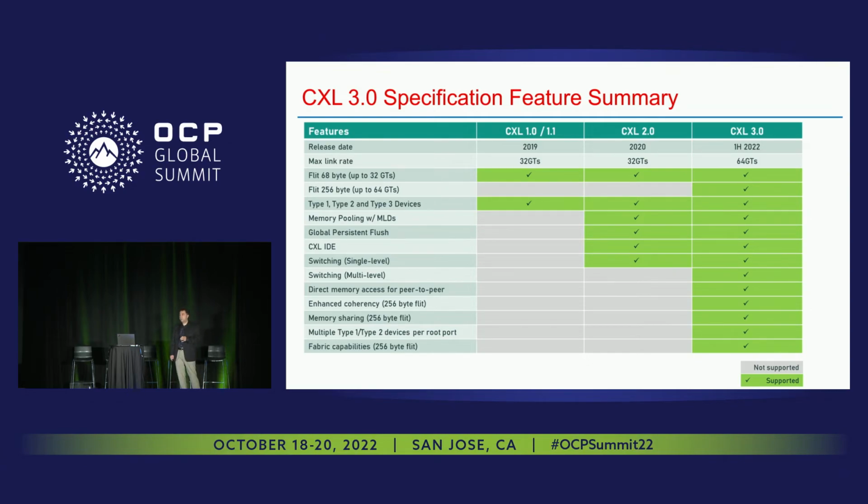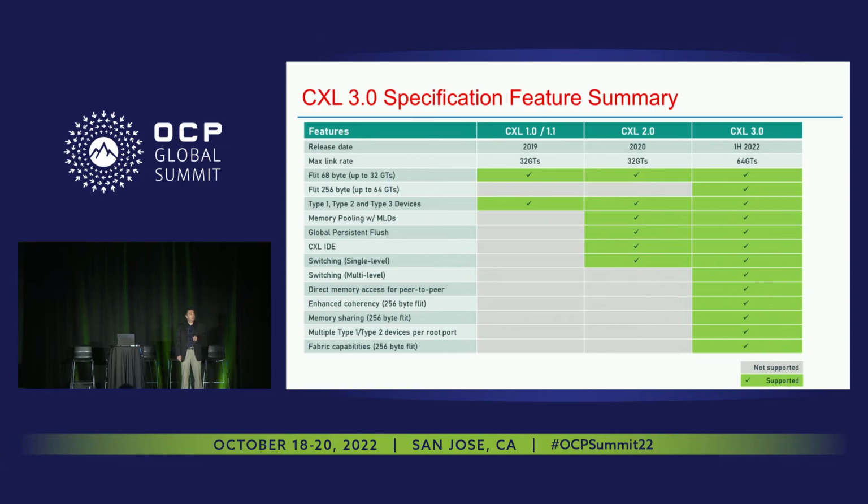But then 3.0 adds a number of other capabilities. First, the bit rate goes up from 32 gigabits per second to 64, PAM4 based on the PCIe Gen 6 physical layer. And then other major attributes are that memory can be directly addressed by peer devices over a switch in a hierarchy.